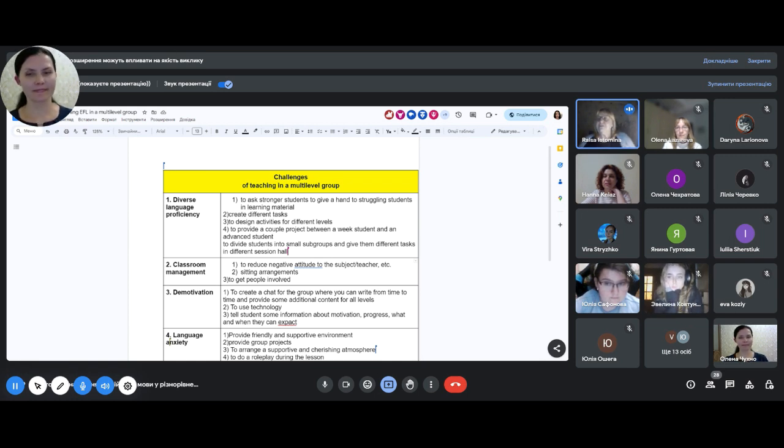I cannot say that it is a very interesting one, but as for idioms, in what way to do that? We work with them, we match the parts, we find equivalents in the native language, and then I ask them to choose one and to draw. No words, only images. They draw, they demonstrate, and the task is to guess. One of the ways how to remember that, and to be able to use it.